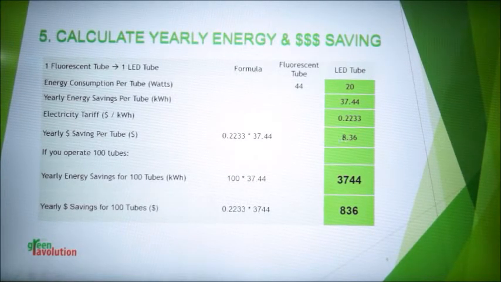So if you are operating 100 tubes, then you calculate the energy saving per lamp times by 100. Total you get 3,744 kilowatt hour of energy saved per year, and that's huge savings per year. And then from there you multiply that by the tariff, you get $836 into your bottom line every year.